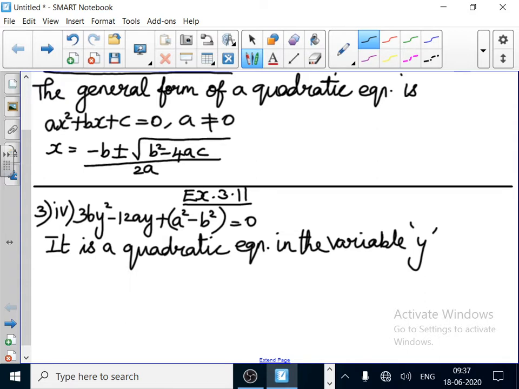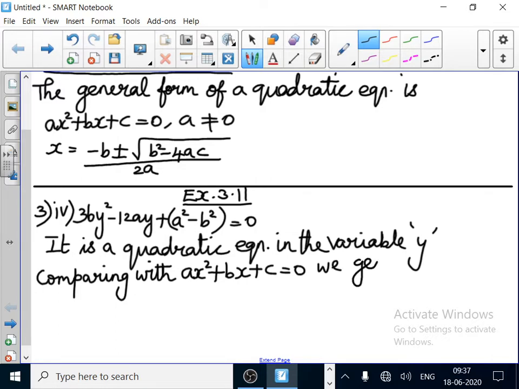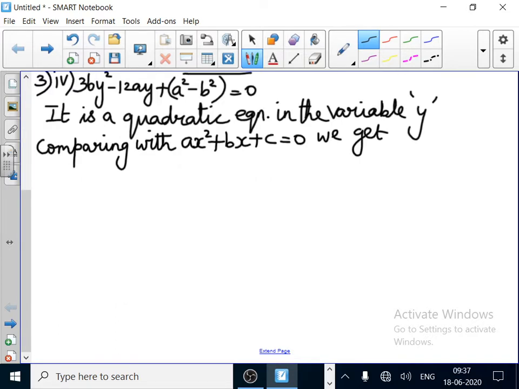So comparing with ax squared plus bx plus c equal to 0, we get a equal to 36, that is the coefficient of y squared, b equal to the coefficient of y, minus 12a, and c the constant term, it is a squared minus b squared.